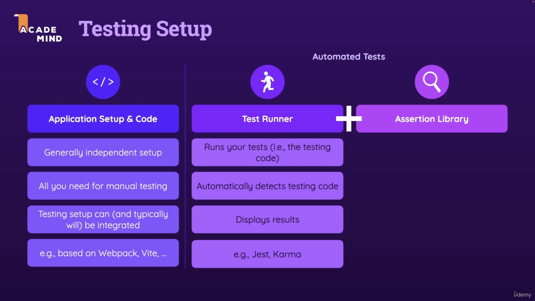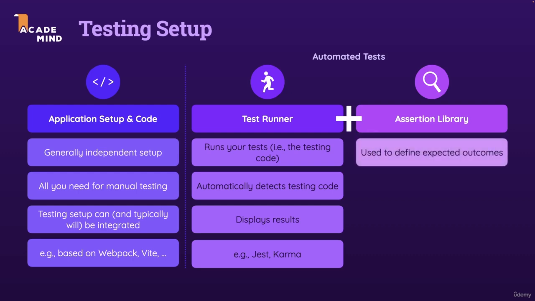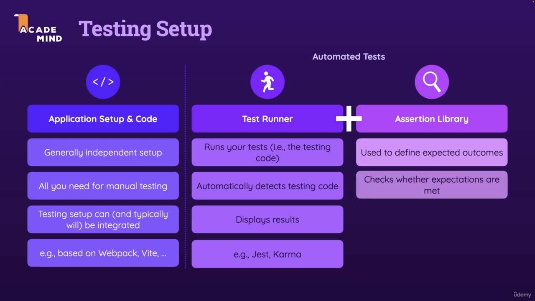Because with assertion libraries, you can define your expected outcomes, and the assertion library will then check if the code that's tested actually produces a result that matches those expectations. So whether your expectations are met.